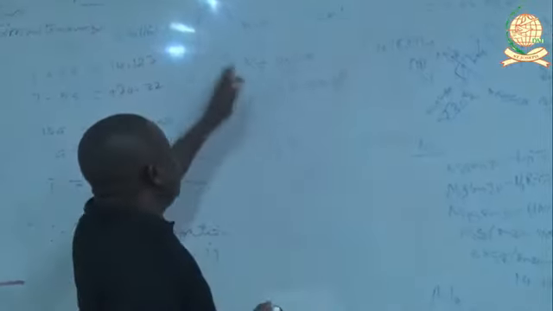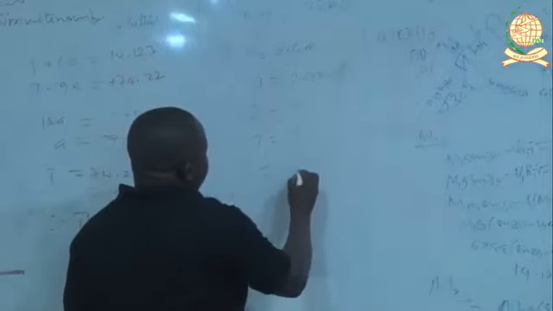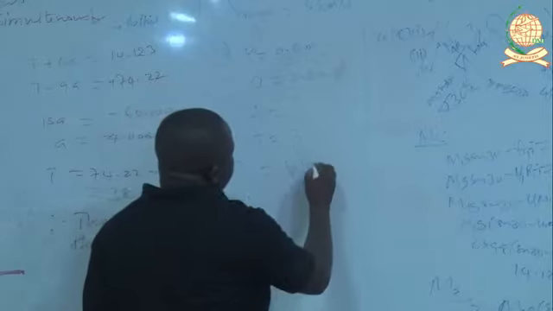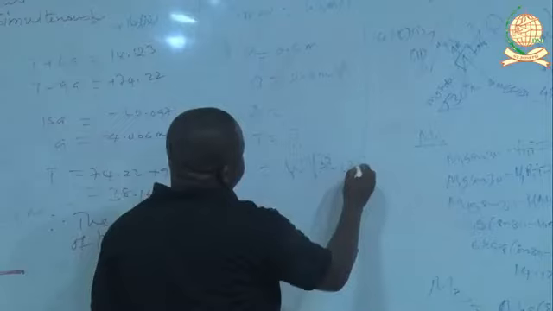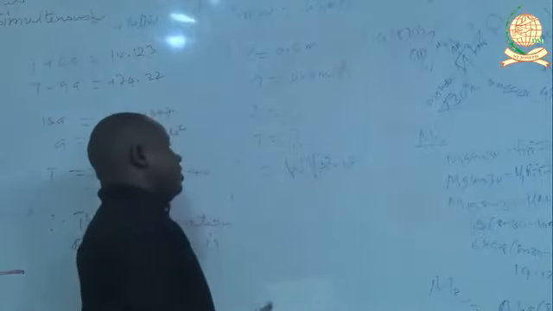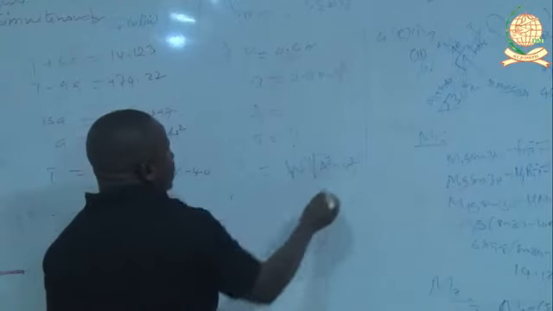So to solve this, we know that velocity equals angular velocity times the square root of amplitude squared minus position squared. Then at the mean position, this is 0.